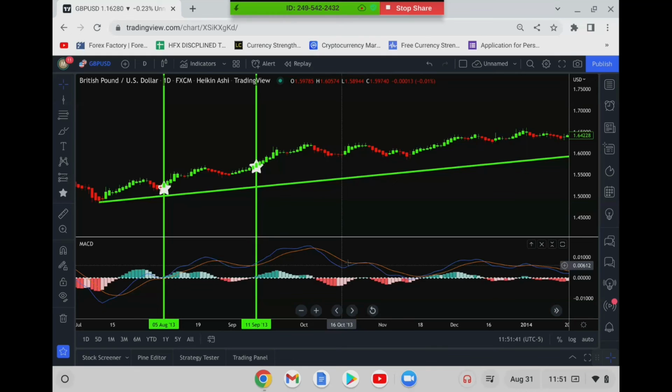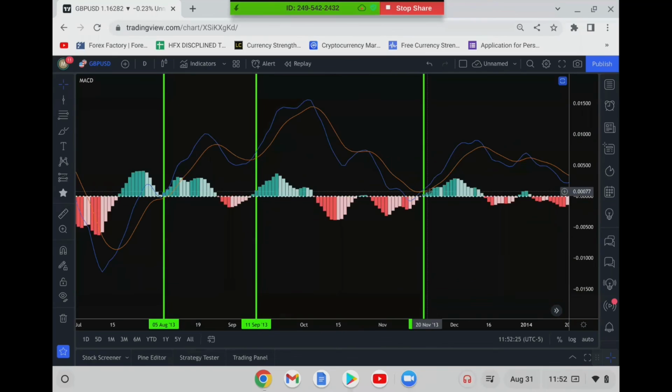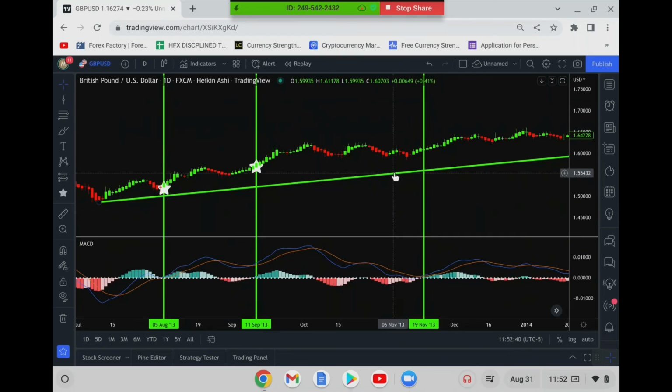If we zoom in, we can see right here, we got the blue MACD to cross up above the orange signal line. We got our first green bar pushing up and away from our baseline. And then up here at the top, we still have price respecting our uptrend, as well as we're just looking for a flat bottom candle now. So let's see.